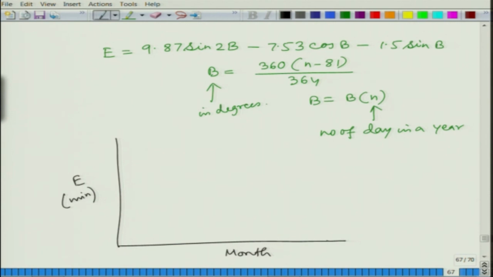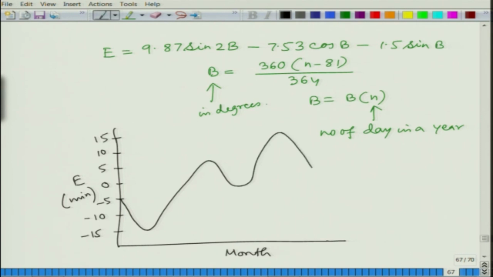Let me write a few of these: 0, 5, 10, 15 and so on. So, it varies somewhat like this.